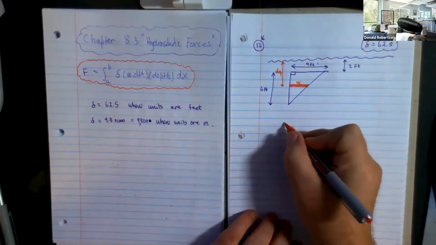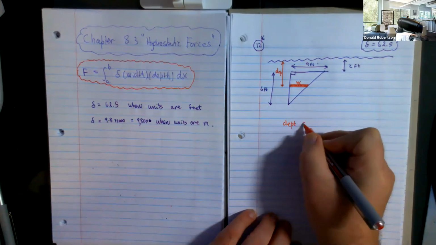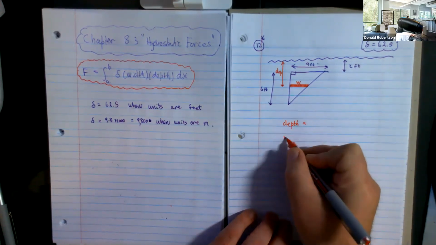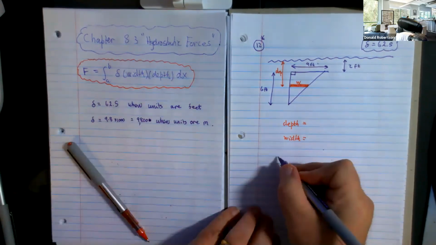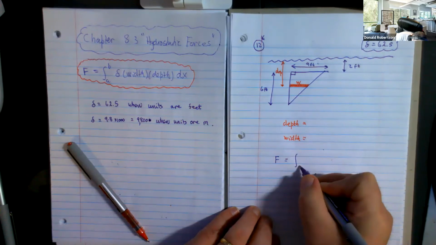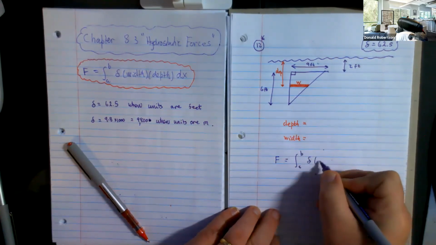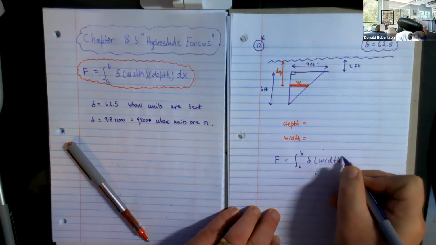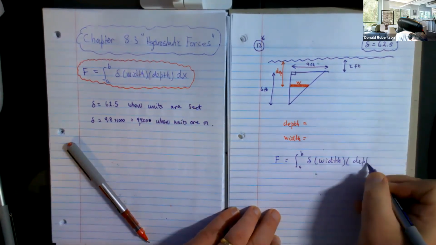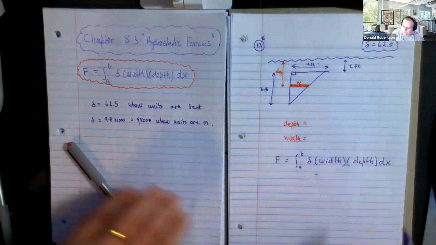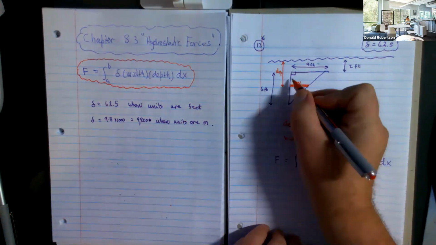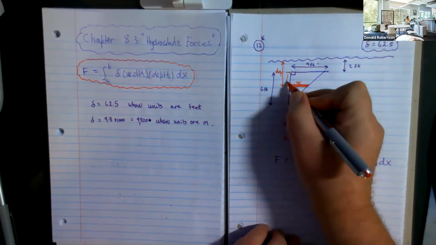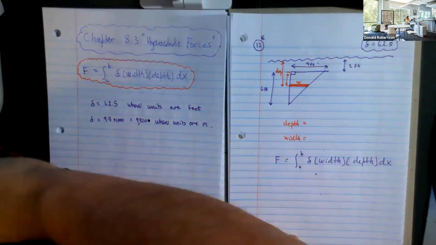So if I can find out what the depth is and what the width is, then I should be able to use this fella to get my answer. Well, it's not going to be anywhere as simple as a rectangle. First thing I am going to do is call this distance from here to here x.